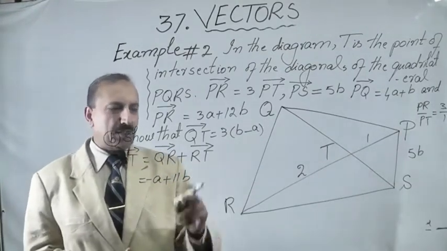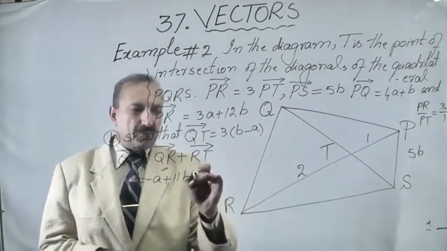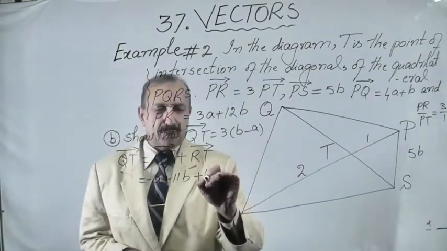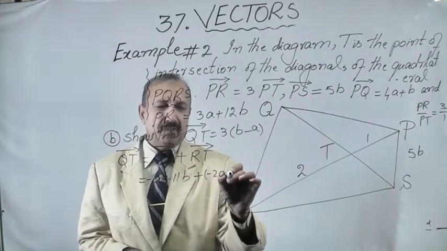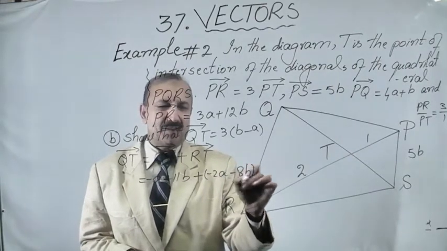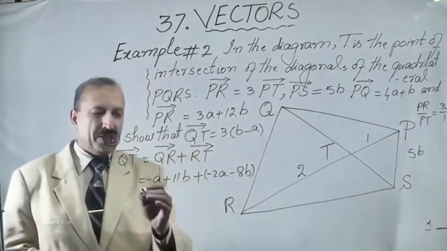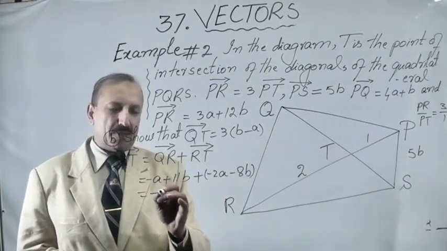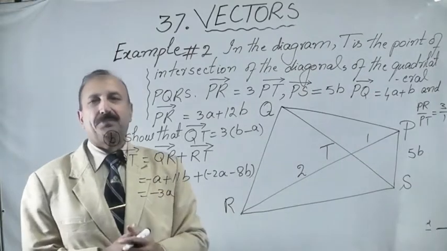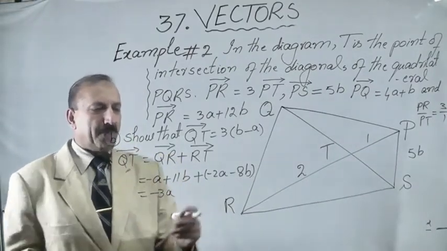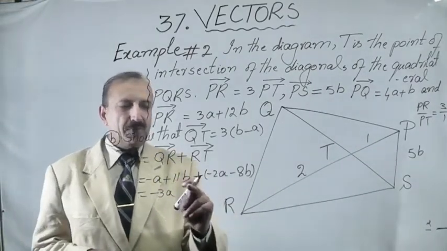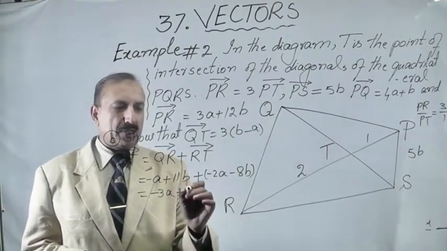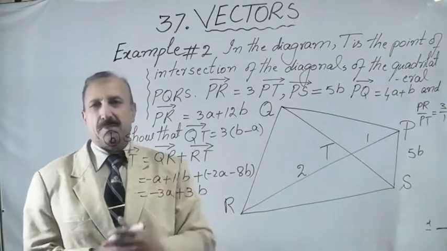And then RT, yes, we have found RT. This is plus, and RT is equal to minus 2A minus 8B. This is RT we have found in the previous part. Let's simplify. Minus 2A and minus A will become minus 3A, and then 11B minus 8B will give us plus 3B.